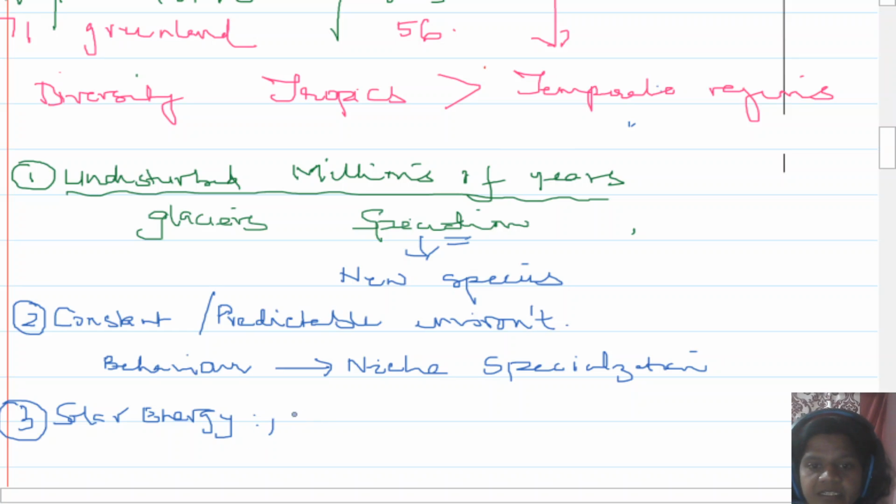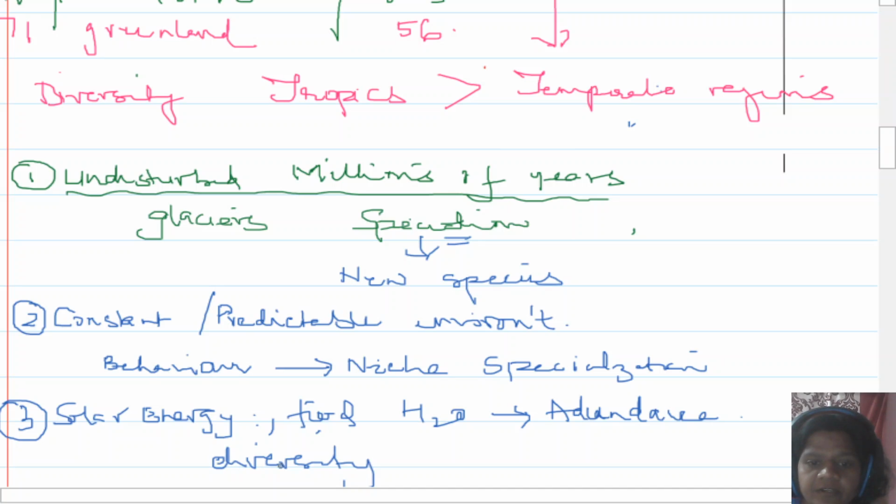So solar energy, food, and water are in abundance, and this is also a reason for the variety of organisms.